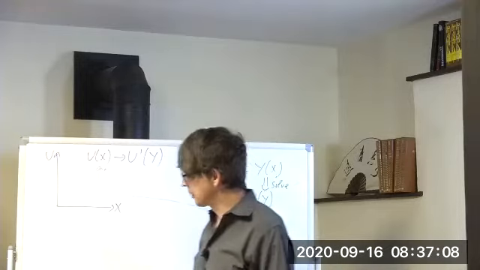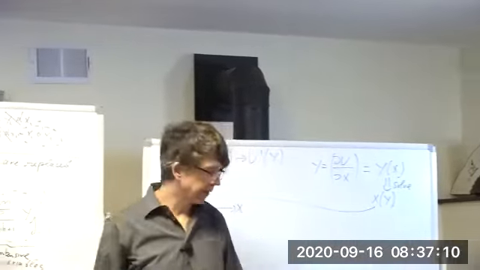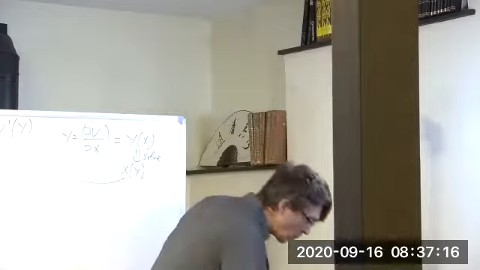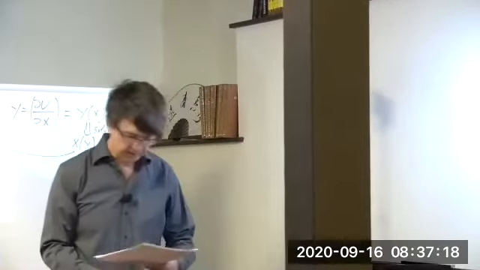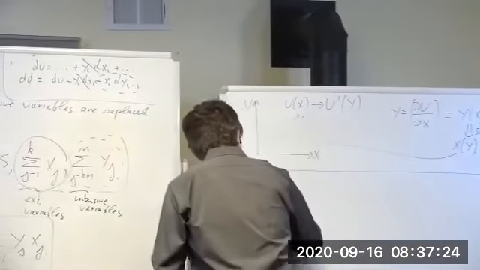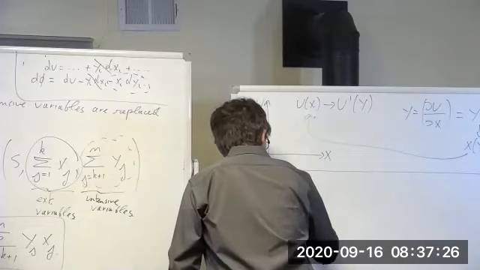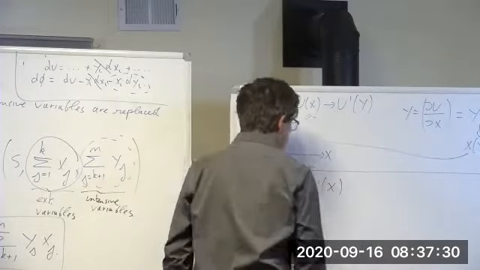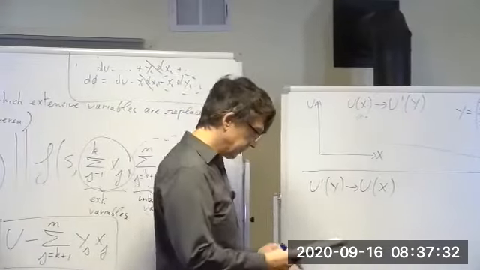The problem is that once you've done that, you cannot go back because you've given up some information. Because let me show you that if we want to go from u prime as a function of y, we want to go back to u as a function of x.